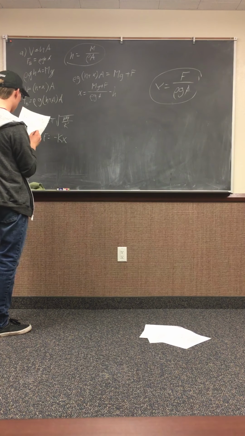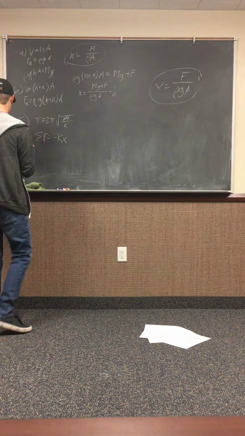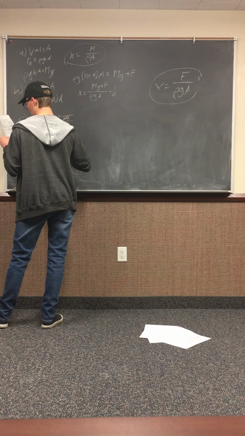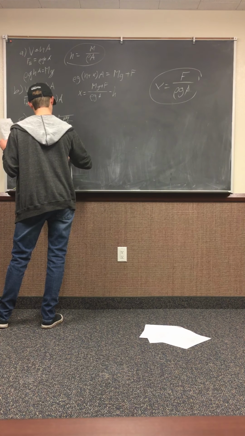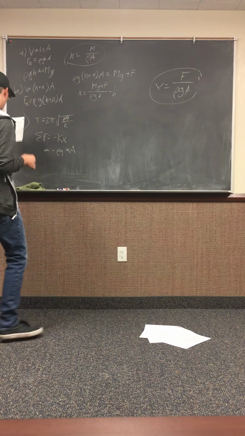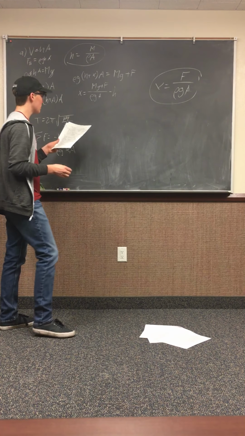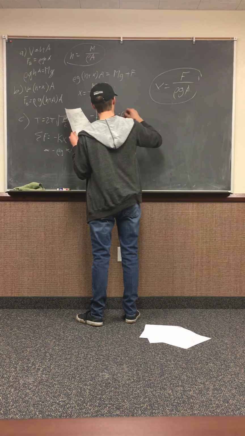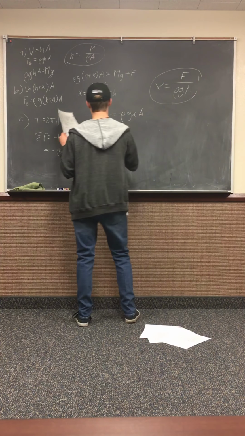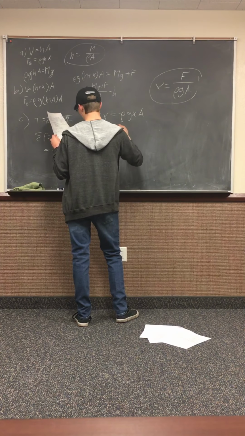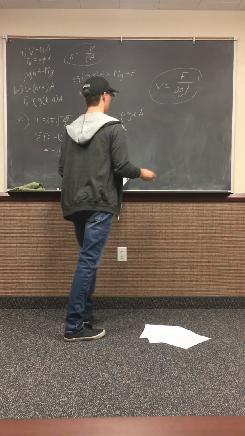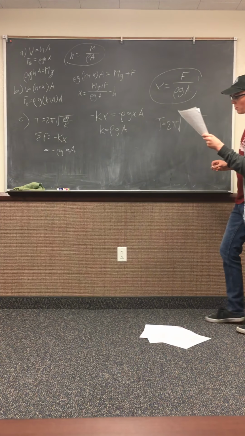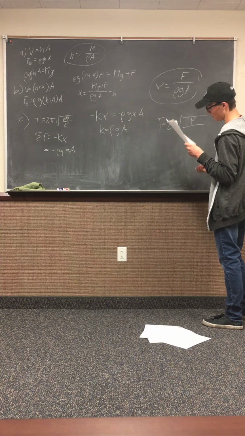So then our net force equals negative rho g x times A from plugging in, and negative kx is equal to negative rho g x A. So then k is equal to rho g A, and our period is equal to 2 pi times the square root of m divided by rho g A.